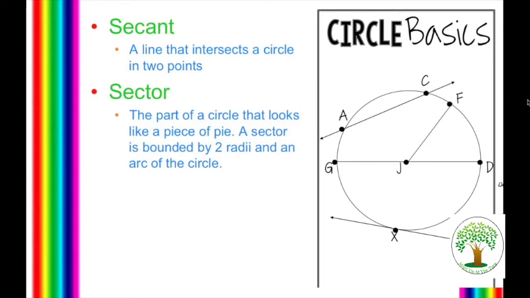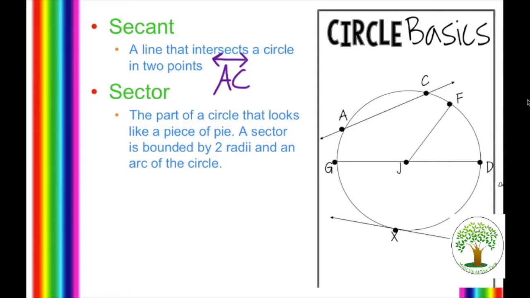On your homework, that whole thing will be there. A sector is bounded by 2 radii and an arc of the circle. When we say bounded by, that means that's the edges of it. It's bounded by 2 radii and an arc. That's the sides of it.